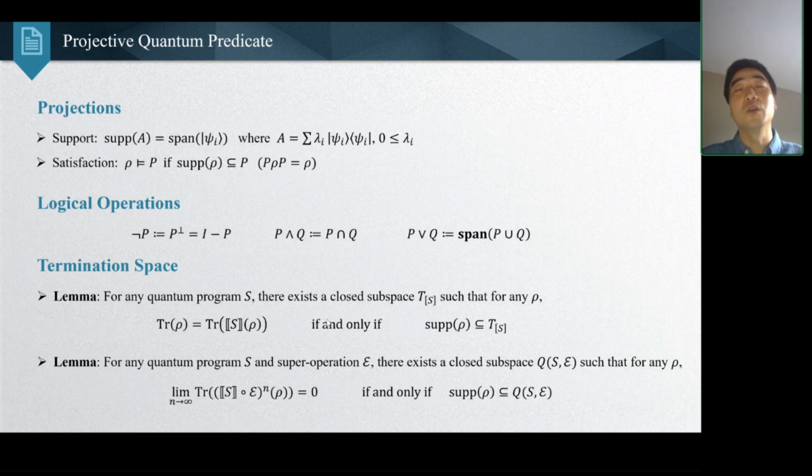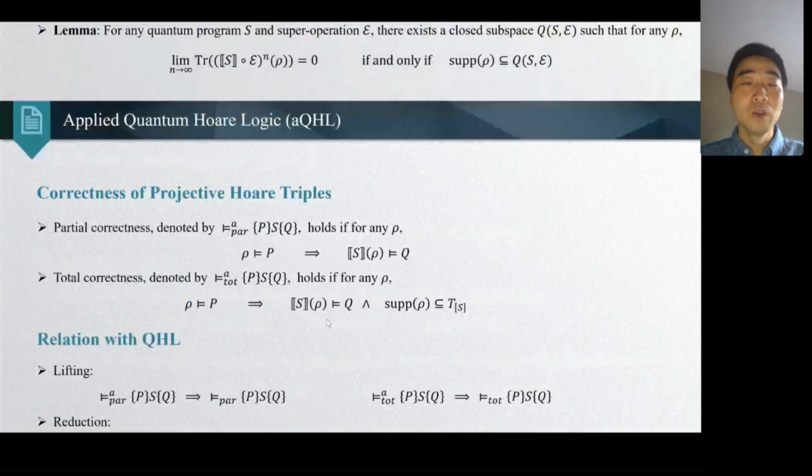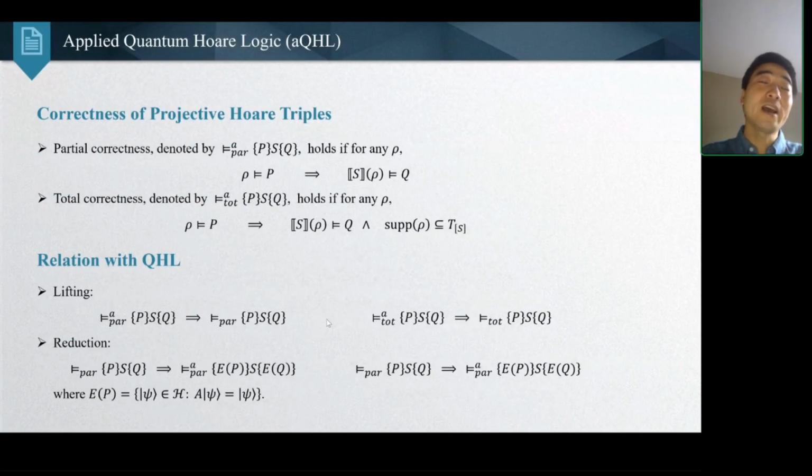Very simple, like classical Boolean variables. The only thing is that we define the span of P and Q for two subspaces, two projections P and Q. This is also very similar, and the total correctness is very similar to the classical logic.